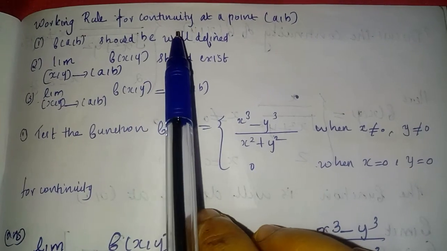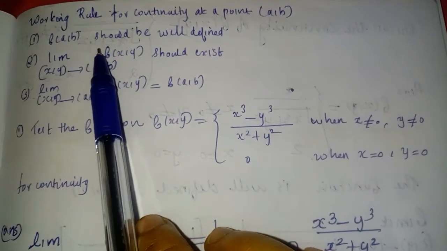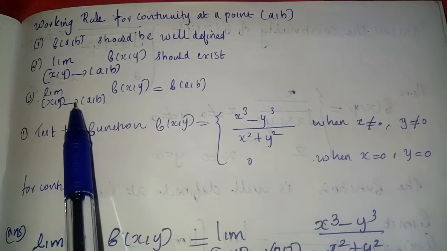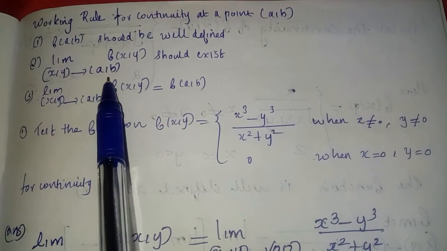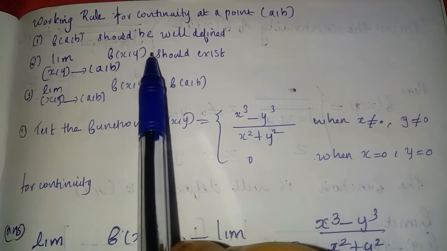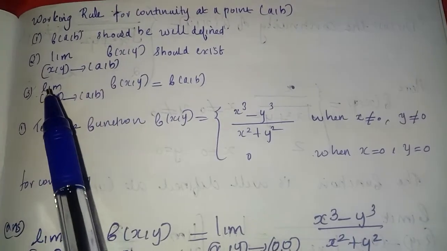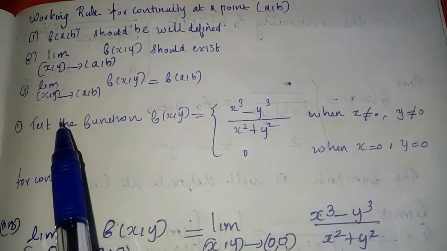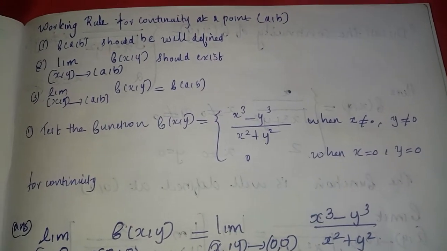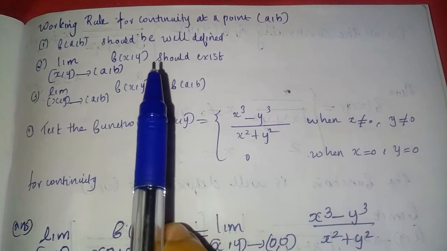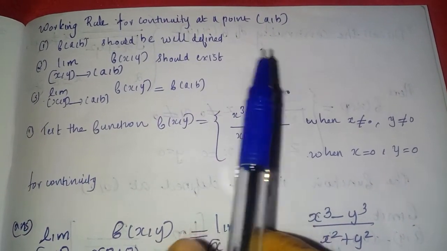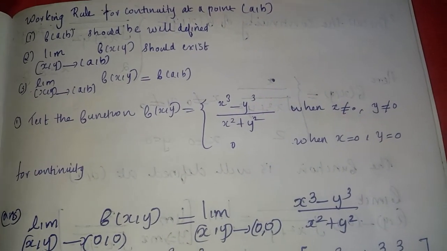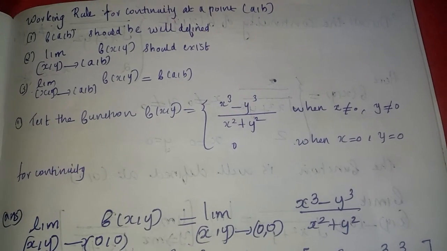For continuity at a point (a,b), we have to check that f(a,b) is well defined, that the limit as (x,y) tends to (a,b) of f(x,y) exists, and that this limit is equal to f(a,b). Simply, if the function is continuous at the point (a,b), the function is well defined at the point, and the limit at that point will be equal to the value of the function.